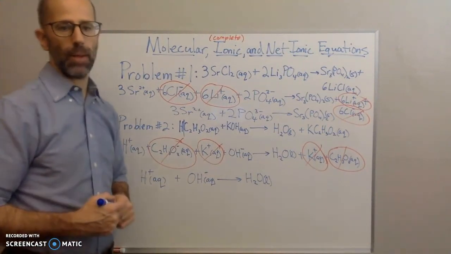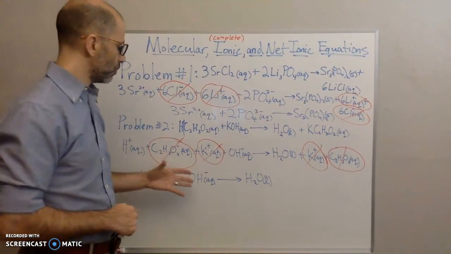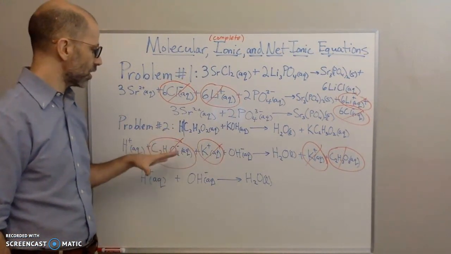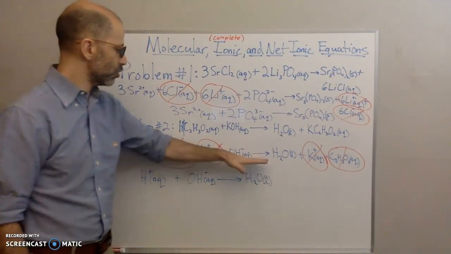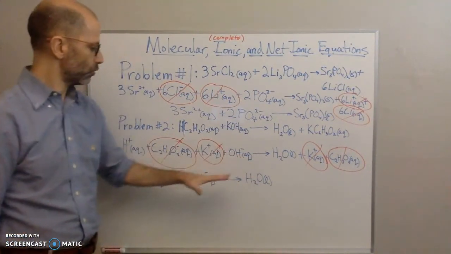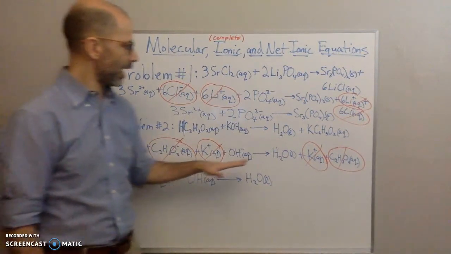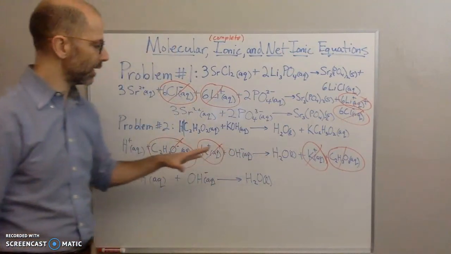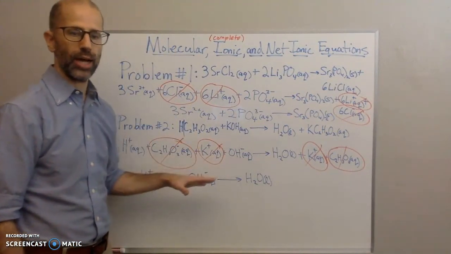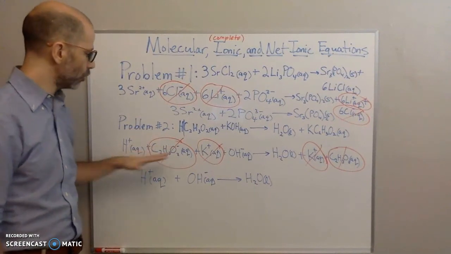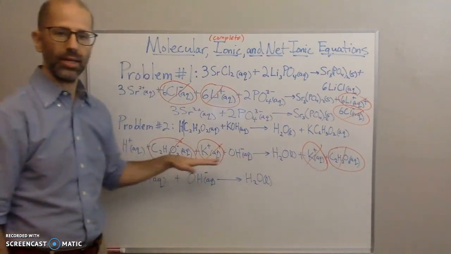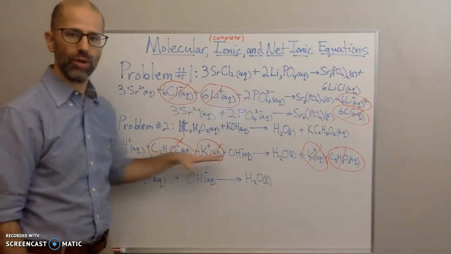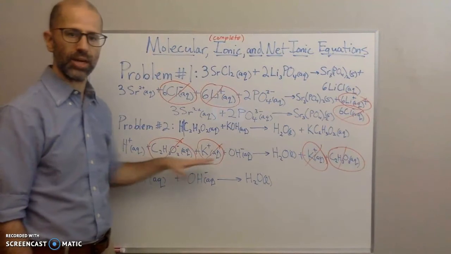Now, one of the things I want to mention is that there are going to be times where, like I said before, you're not going to get a product, right? So if you have aqueous on this side and all your products are aqueous, then basically there's no reaction going on. All your ionic compounds would be separated into ions.